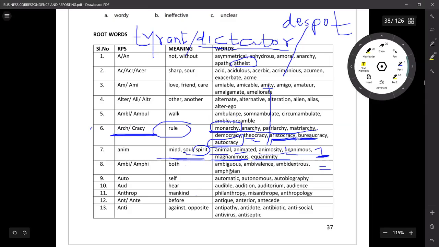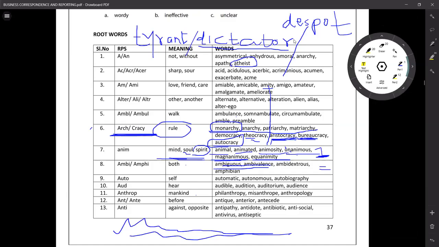Okay. Ambi and amphi. Guys, what is the difference between these two words? Now, this you will have to tell me. What is the difference between ambiguous and ambivalence? Come on, everyone. If you see a doctor's prescription, the doctor has written something like this. You will say, I can't understand what the doctor has written. His writing is very ambiguous or his writing is very ambivalent.